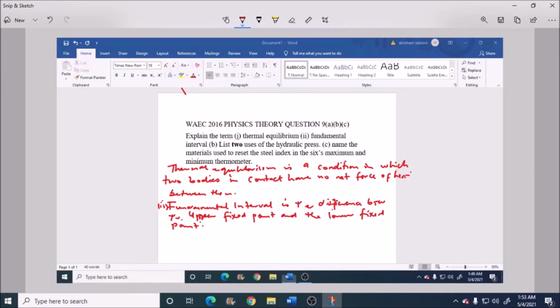Hydraulic press can be used for compressing paper in printing industries. Hydraulic press can also be used for lifting of objects.